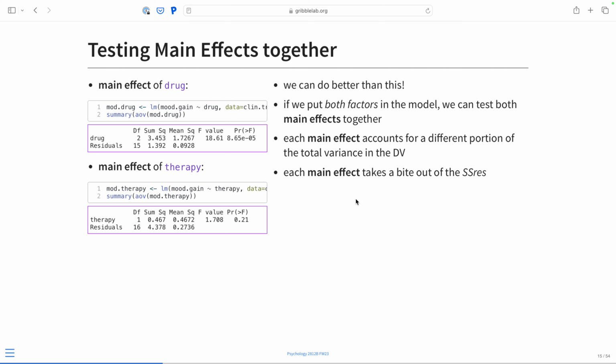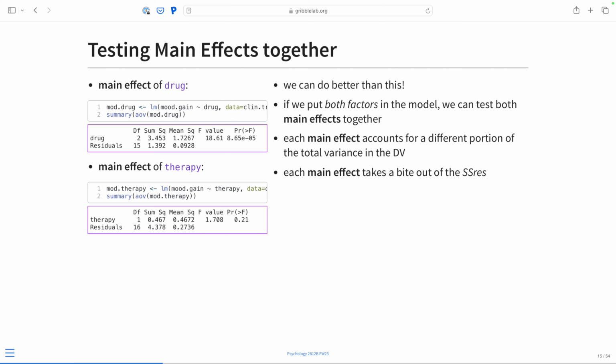We can do better than this. And the way we can do better than this is if we make one model that includes both factors together, kind of like a multiple regression, where we had a dependent variable that varies with multiple independent variables. Same idea here. So each main effect in this ANOVA design accounts for a different portion of the total variance in the dependent variable.